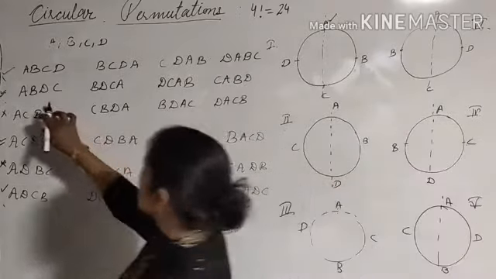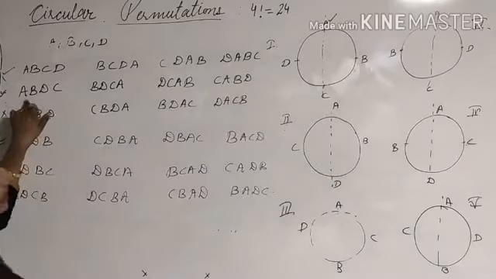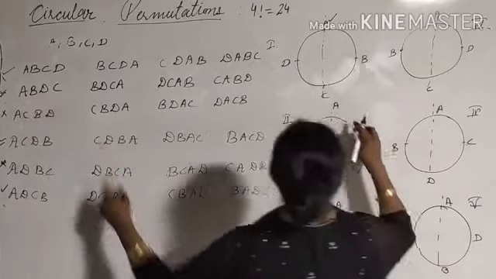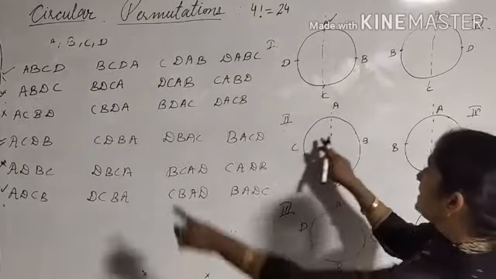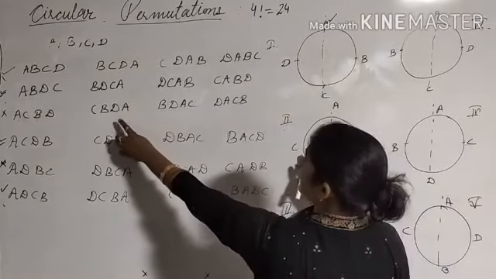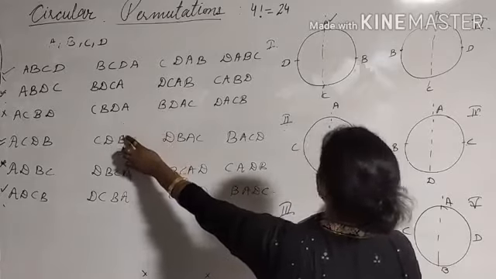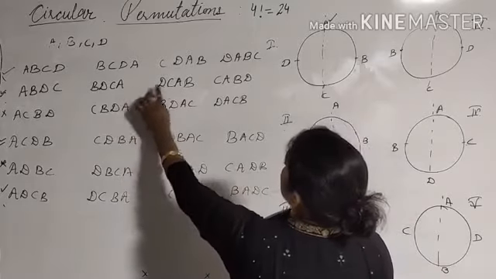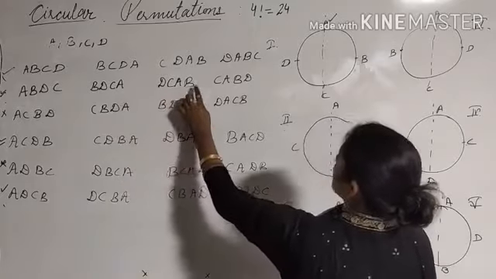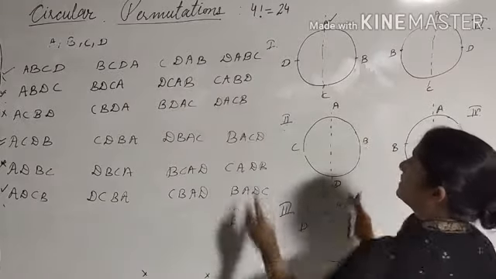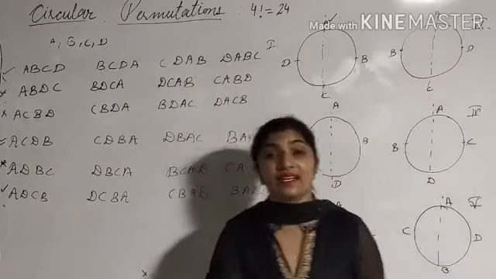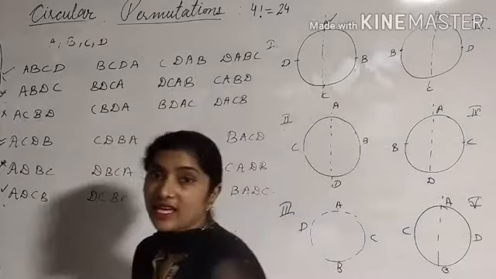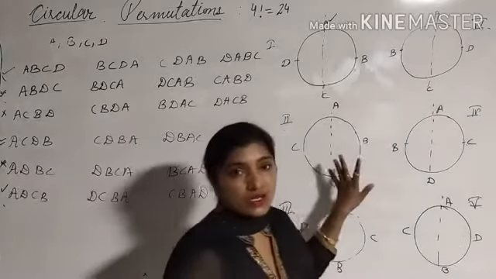Similarly, you can check the arrangements in this line: A, B, D, C, then B, D, C, A, then D, C, A, B and then C, A, B, D. All of these four arrangements that were different in linear arrangement are the same in circular arrangement.